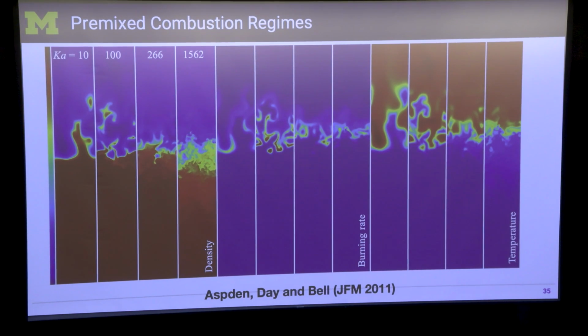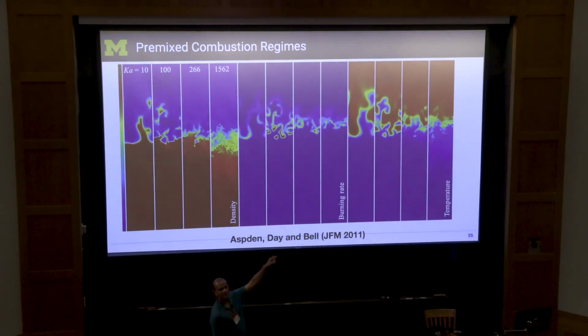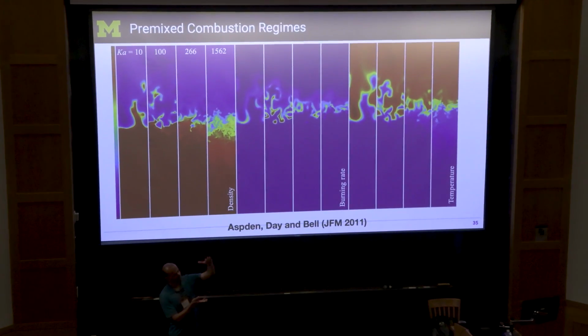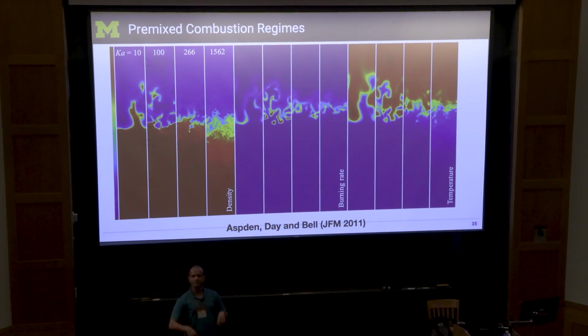It's standing vertically, so the flame is progressing towards the bottom. You have density here, and the burning rate in the middle, which tells you where the flame is located, and temperature. Temperature is low at the bottom, and it increases at the top, right? So the flame is moving from the top towards the bottom, and it's burning everything afterwards.